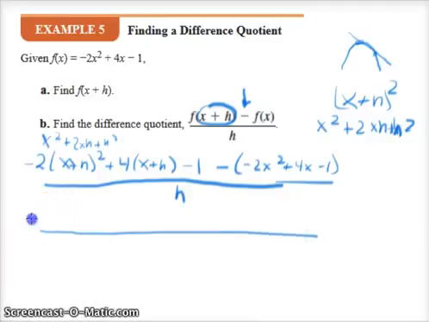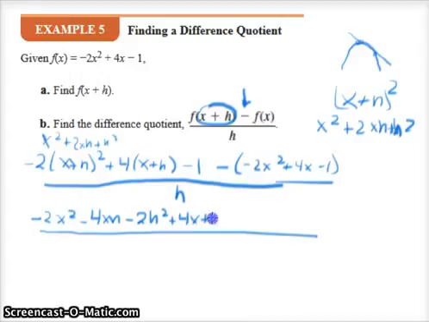So that would be a negative 2x squared minus 4xh minus 2h squared plus 4x plus 4h minus 1. Now, remember, we got to distribute here. Got to distribute. So that's going to be plus 2x squared minus 4x plus 1.